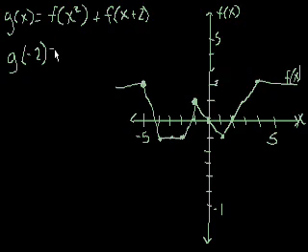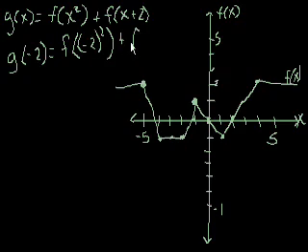Well, g of minus 2, wherever we see the x we're going to put minus 2. That is equal to f of minus 2 squared plus f of minus 2 plus 2, right? All we did is wherever we saw an x, we substituted minus 2 there. And let's simplify that. Well, f of minus 2 squared, we know what minus 2 squared is.